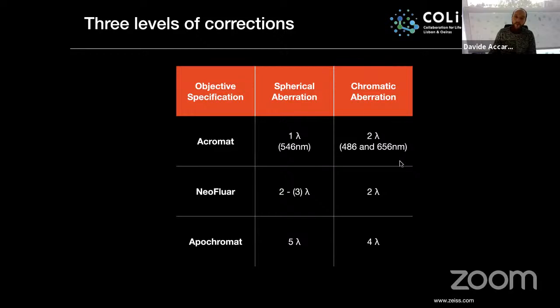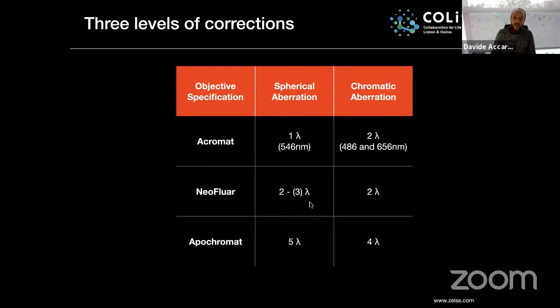So now it's clear that apochromat lenses are most highly corrected for spherical and chromatic aberrations, but it's not necessarily true that you will always need an apochromat lens. Okay, there are characteristics of neofluor lenses that make them better than apochromat lenses in certain circumstances.